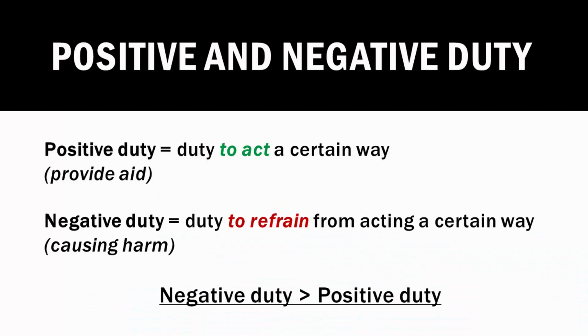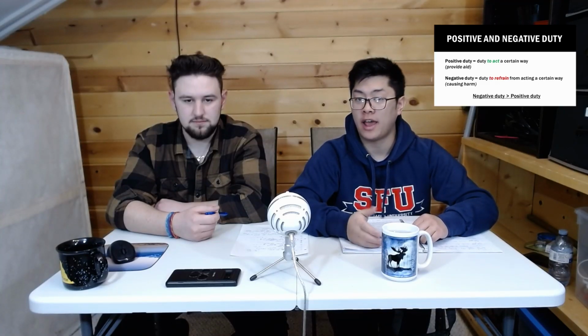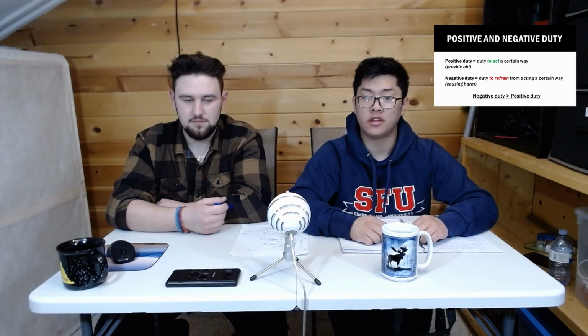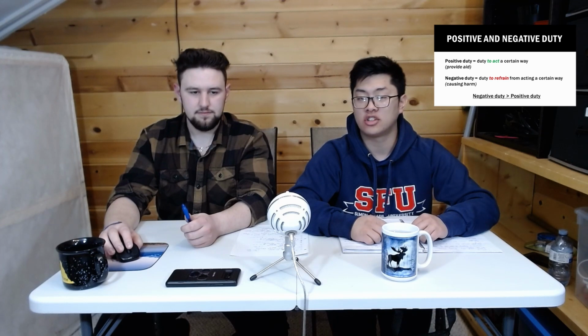Foot uses two key concepts in her theory, positive and negative duty. Positive duty is the duty to act in a certain way, such as providing aid. Negative duty, on the other hand, is the duty to refrain from acting in a certain way, such as causing harm. I just want to make it clear that, according to Foot, negative duty always trumps positive duty.